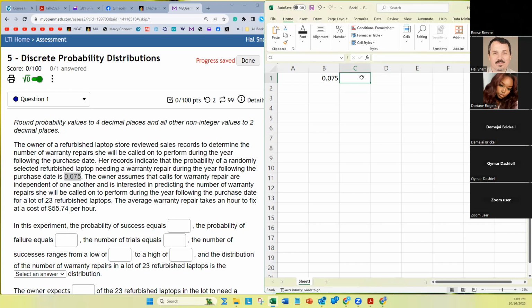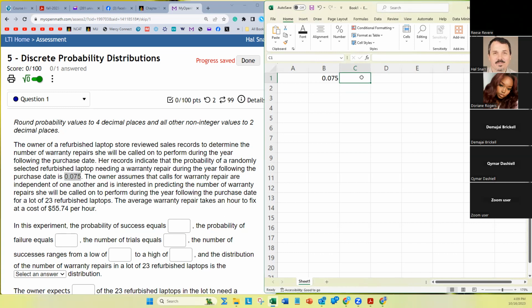If they're in the same household, that may not be the case, because maybe they have really rambunctious triplets, like my wife and I have. But for the most part, I think it's probably okay to assume independence. And she probably has records like addresses of the customers, so she's not seeing a lot of husbands and wives buying laptops from her.